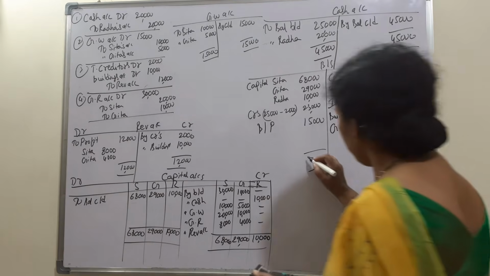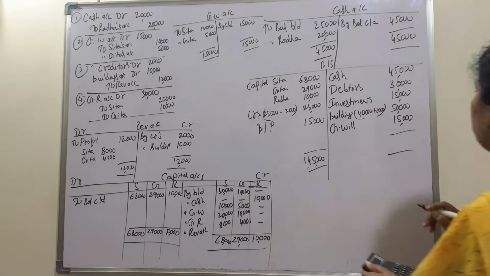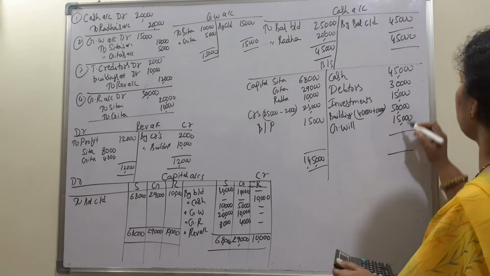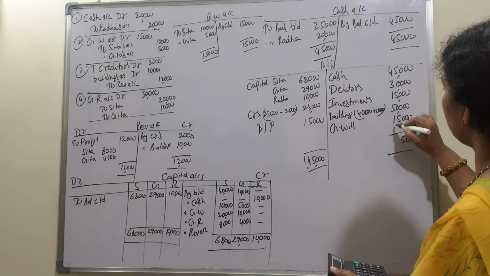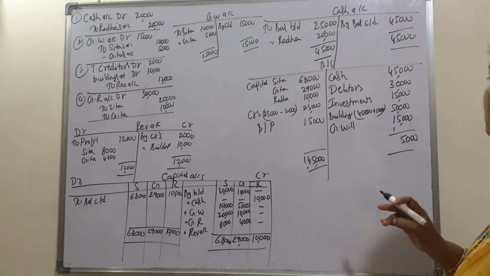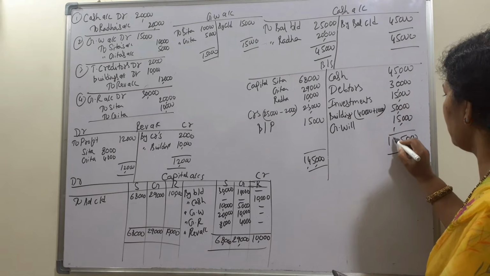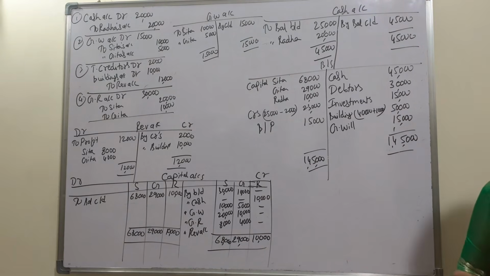It is 1,45,000, and also here 5,000. Yes, 1,45,000. That's all.